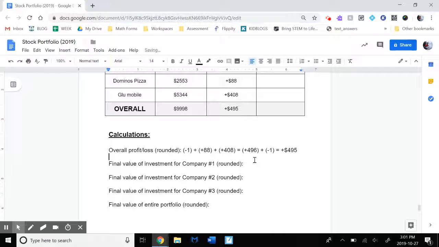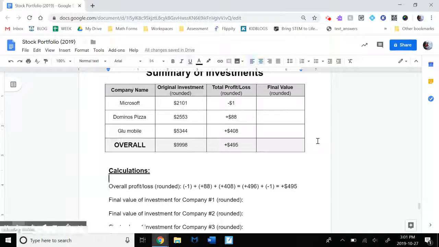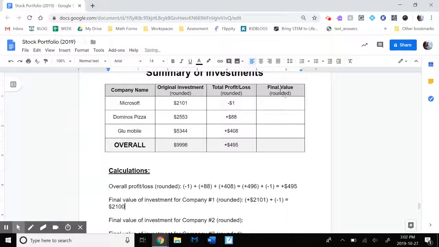For showing our work for that final investment, so what they started out with, for company 1, which was Microsoft, they started off with an investment of $2,101, and then they lost $1, and so they're now at 2,100 exactly. So that would go here.